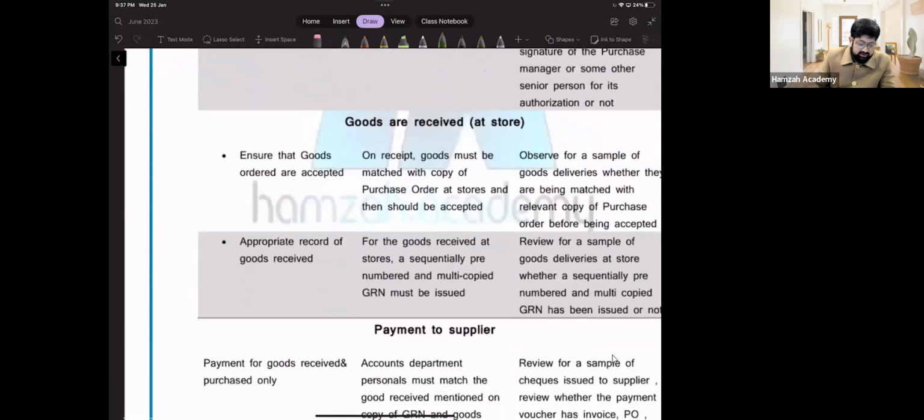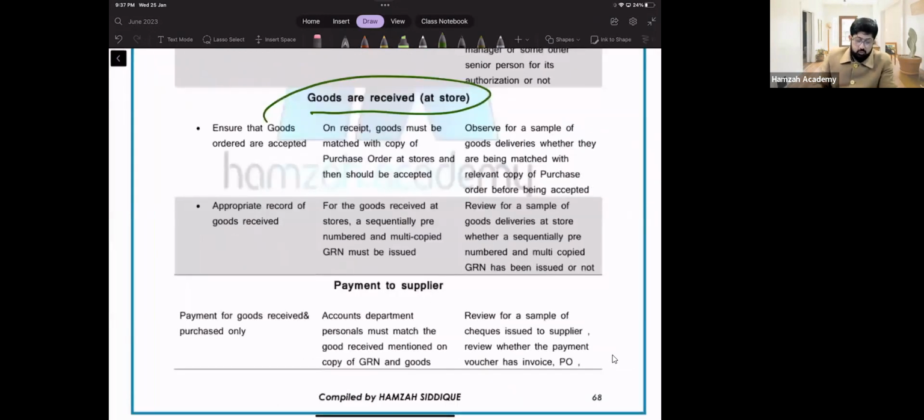Goods are received at store. When the supplier delivers goods, they are received at store. Now, so what are the objectives?